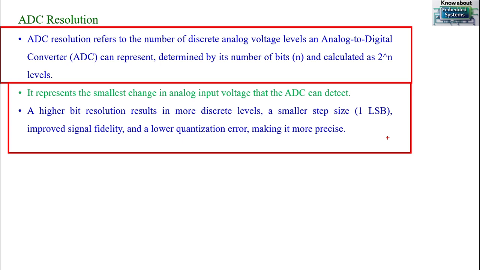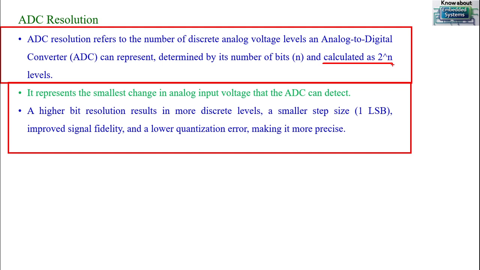It refers to discrete analog voltages with different levels, and those different levels can be represented by 2 power n.